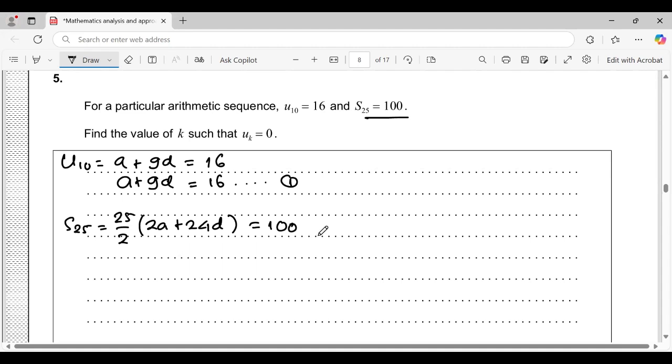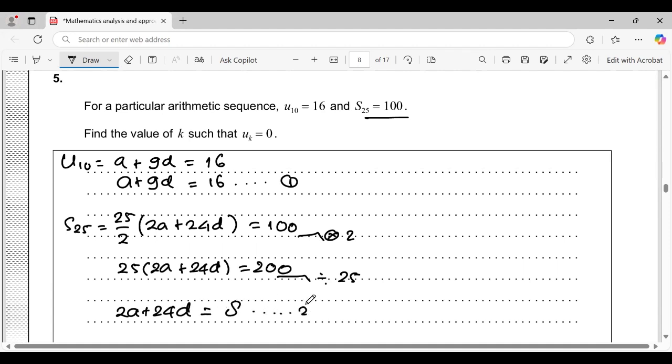Now we are going to multiply by 2: 25 times 2a plus 24d equals 200. After that, divided by 25, this equation becomes 2a plus 24d equals 8. And this is the second equation.